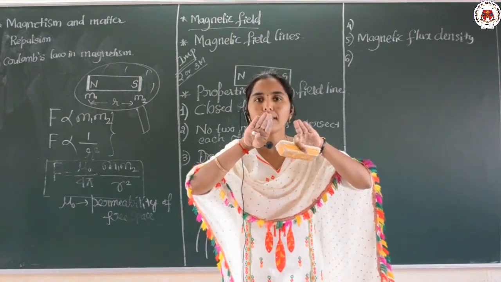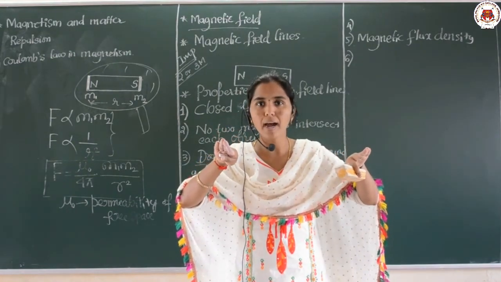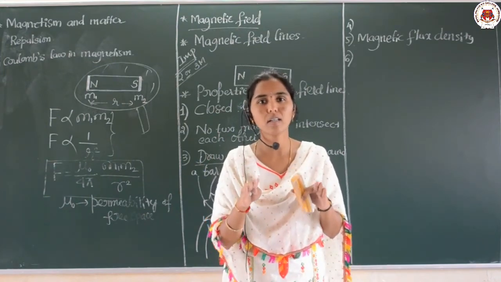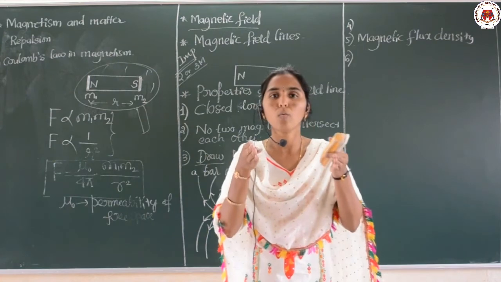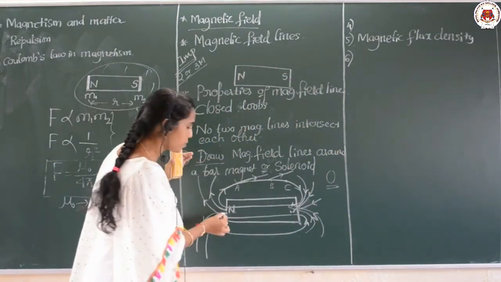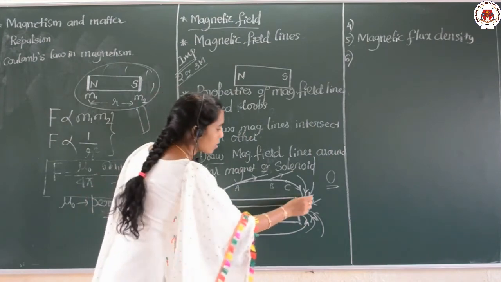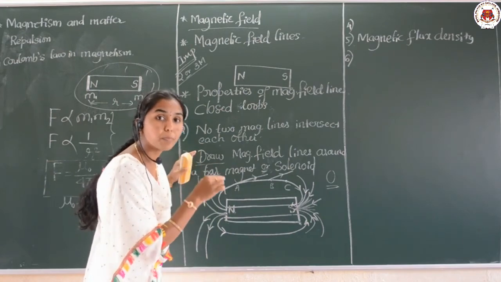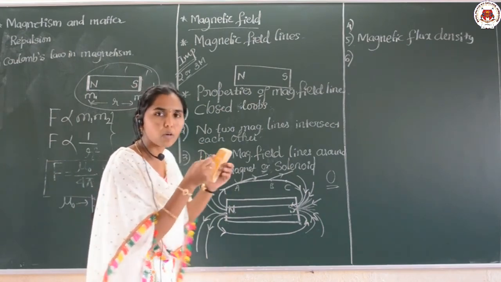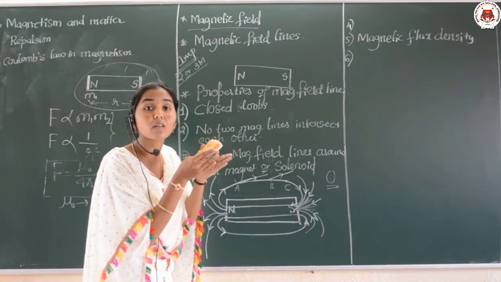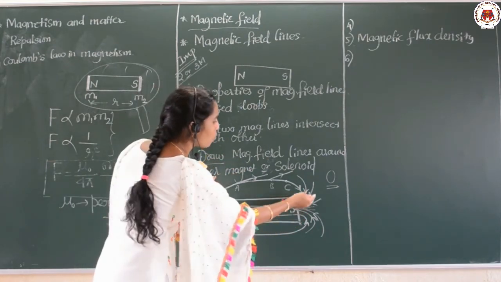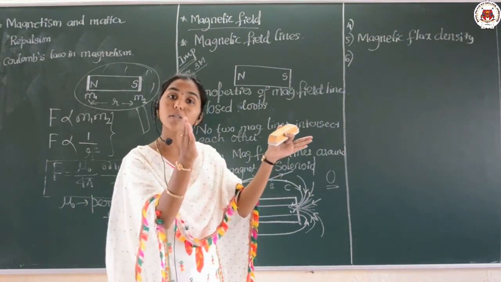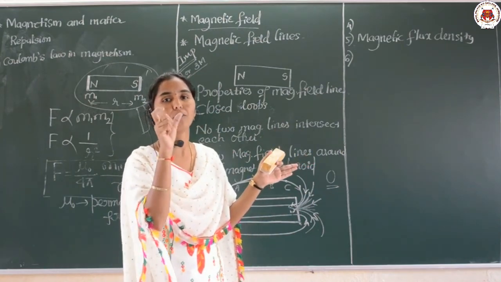If the magnetic field lines are separated apart, the magnetic field strength is smaller or low. Remember, dear children, you can observe in this diagram that more field lines are there at the pole. That is why I told you the strength of the magnet is more at the pole, because the lines are crowded there, and when you move from there to the other pole, they start to depart. Then when they start to depart, the strength of the magnet goes weaker.